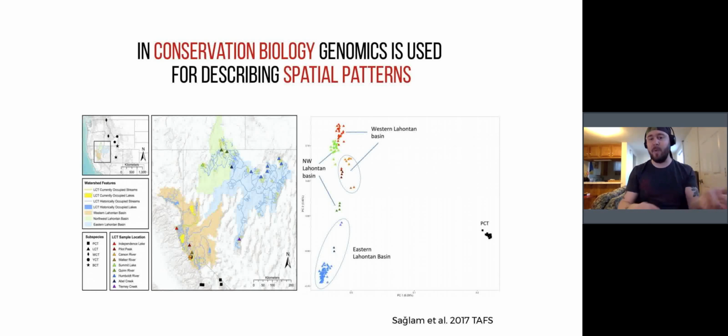For example, here's one study that we did in the last few years, which shows how typical biologists use genomics in conservation biology. That is to obtain a lot of genetic information and to look at genetic diversity on a map, or in a geographic context. And this is fine because this can tell you a lot. For example, the question here was how many different units do we have, and especially whether this black species, or this population here, should be designated its own conservation unit.